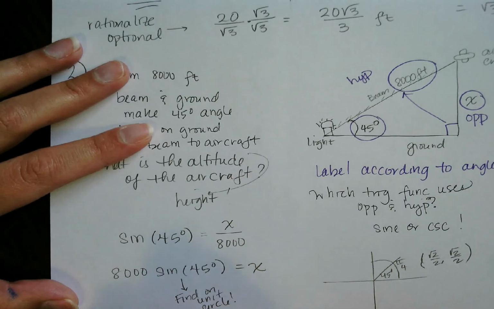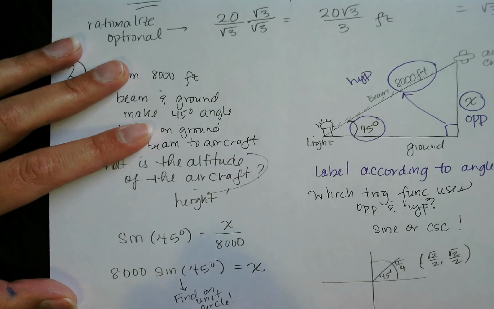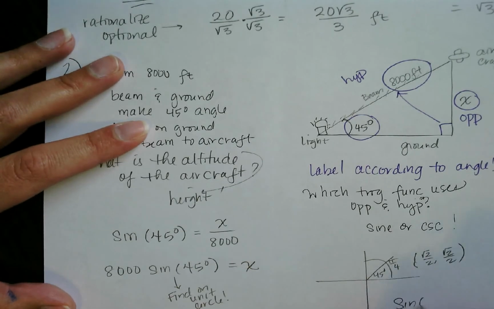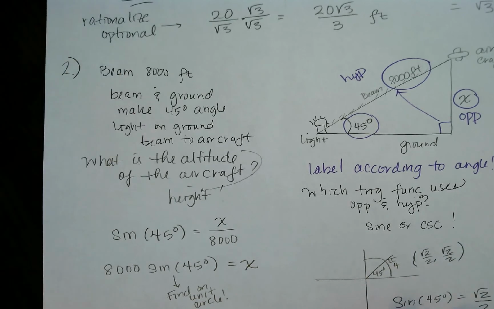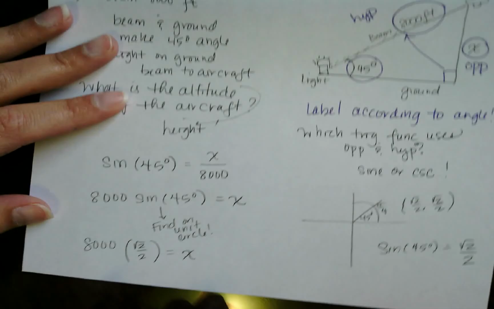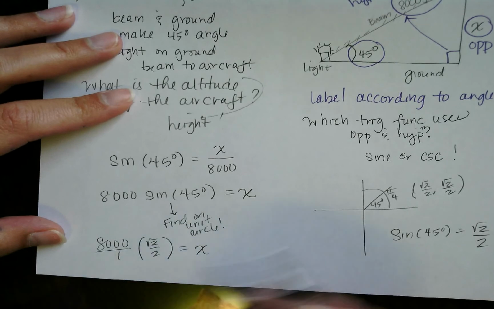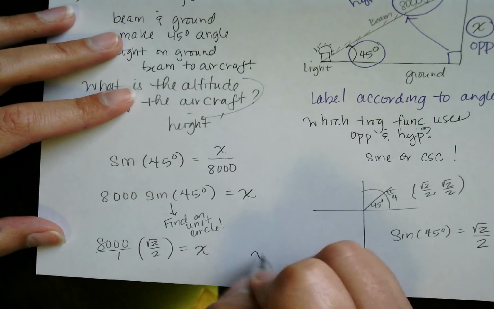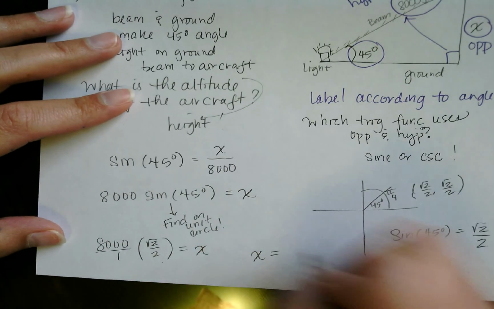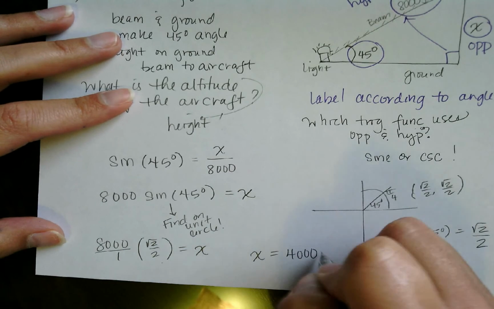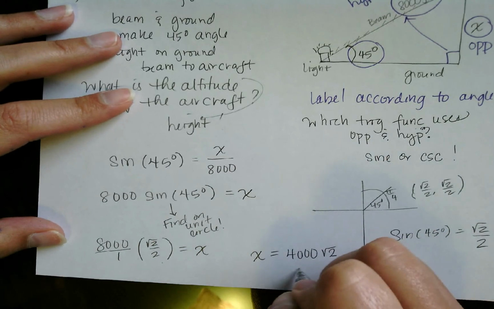So you have 8,000 times square root of 2 over 2 equals x. Sine of 45 degrees equals square root of 2 over 2. I just want to show all my work. Alright, simplify that mess. X equals 8,000 over 2 is 4,000 root 2 feet.